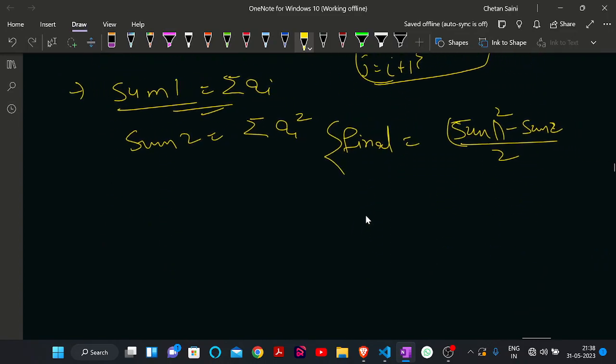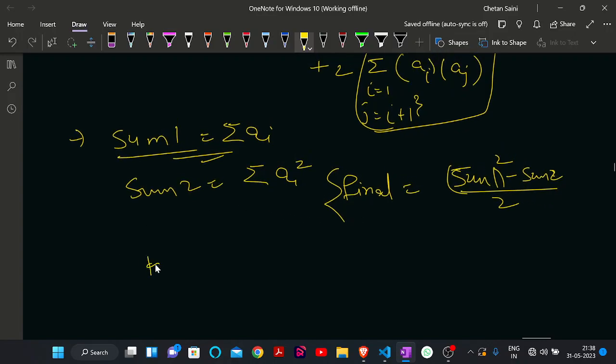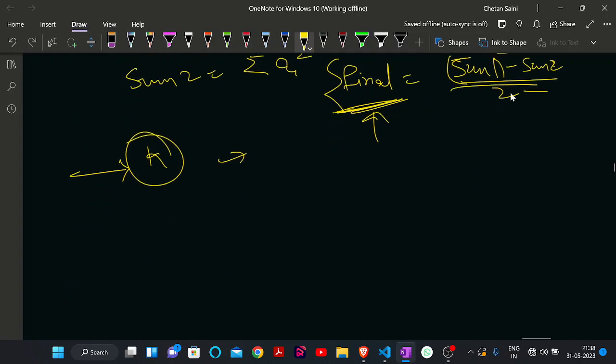Now we will be given K, and we can perform at most K operations on our given array, and we need to maximize this one. For that, let me elaborate: sum 1 square minus sum 2. What is this?